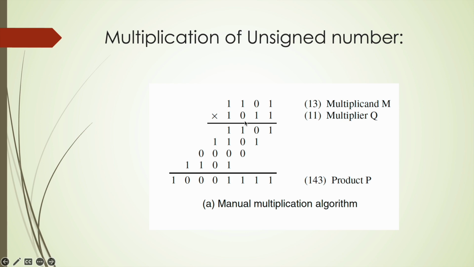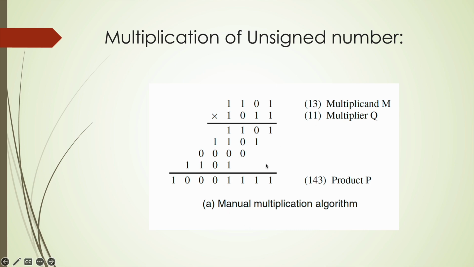If we have a 0 bit in the multiplier, we can simply shift, or we can add the 0 value. And again the multiplier bit is 1, so we shift the value and add the multiplicand. So based on the bit of the multiplier, we shift and add the multiplicand.